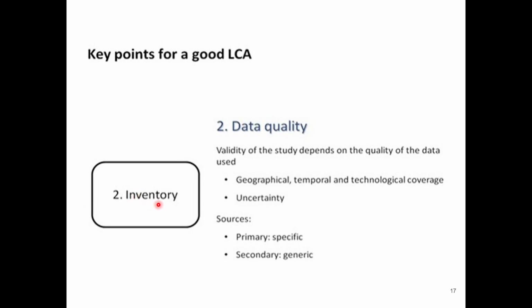Now let us go to inventory. For inventory, the important point is data quality, because it is basically the stock of data which we have available for performing the life cycle assessment. The validity of the study depends on the quality of the data used. It can be geographical, temporal, that is time, and technological coverage, and one of the important characteristics is its uncertainty.